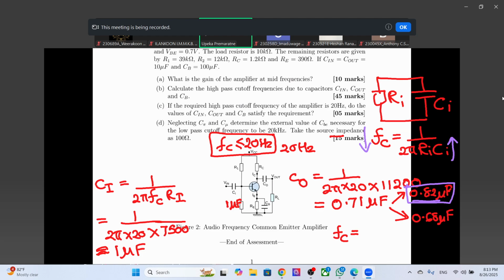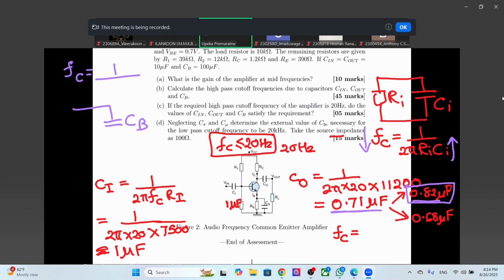Okay. So now one of you had asked, how do we calculate this value 0.71 microfarads? I will explain that for the bypass capacitor. Critical frequency will be the relaxation circuit.